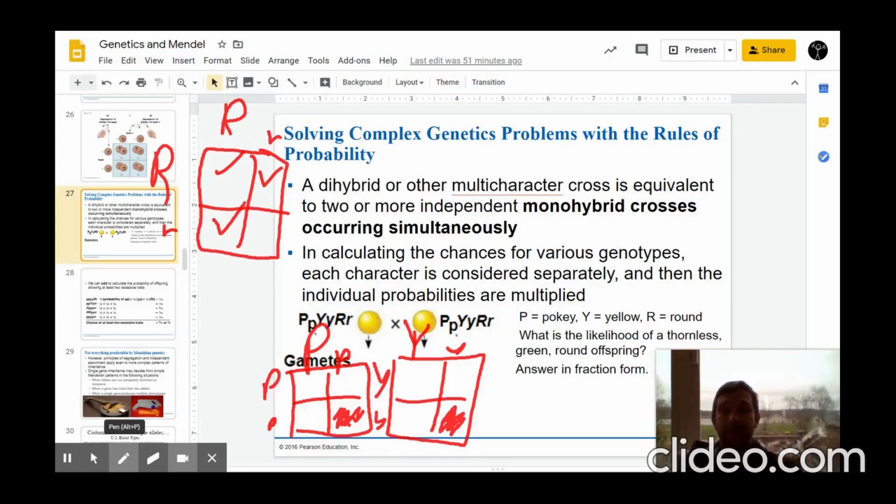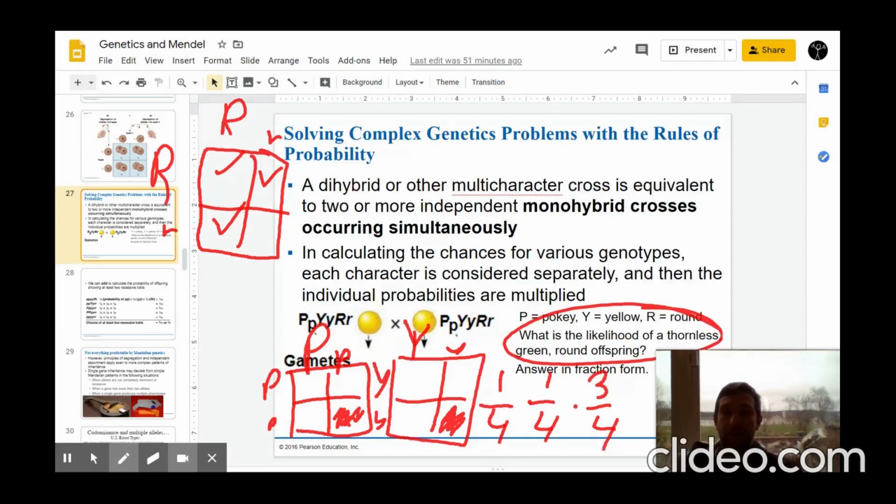So now that we've got that accomplished, all we need to do to figure out the likelihood of all 3 of these things happening at the same time is to multiply the values together. From the thornless, we had 1/4 times, from the green, we had 1/4 times, from the round, we had 3/4.